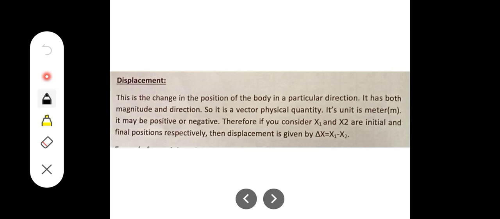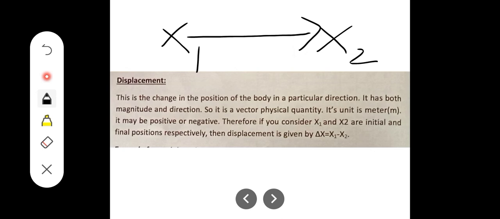Okay, so what is displacement? Suppose you have two positions, two cities, x1 and x2, and the bus is moving from x1 to x2. Let me consider the distance between x1 and x2 as 100 meters. If the bus goes from x1 to x2, the displacement is 100 meters.